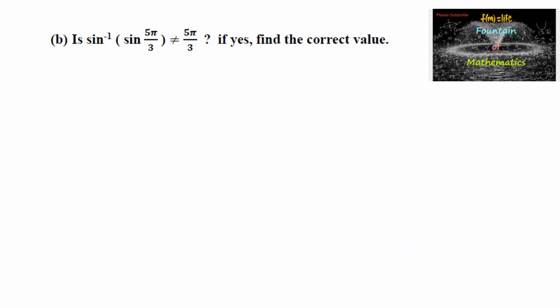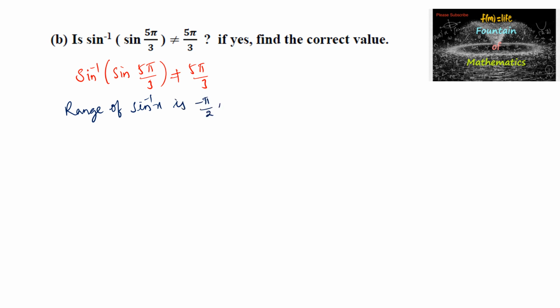Is sine inverse of sine 5 pi by 3 equal to 5 pi by 3? Sine inverse of sine 5 pi by 3 is not equal to 5 pi by 3, since the range of the sine inverse function is minus pi by 2 to plus pi by 2.